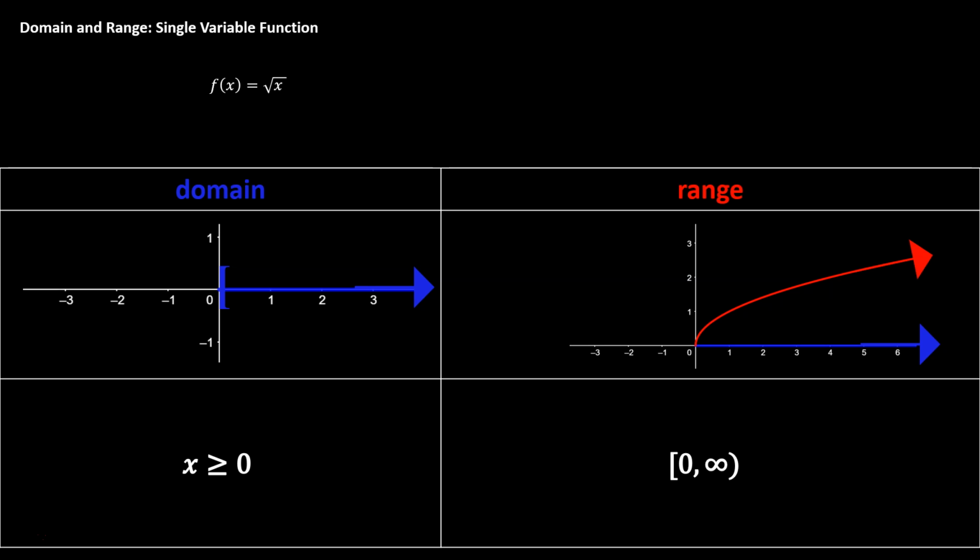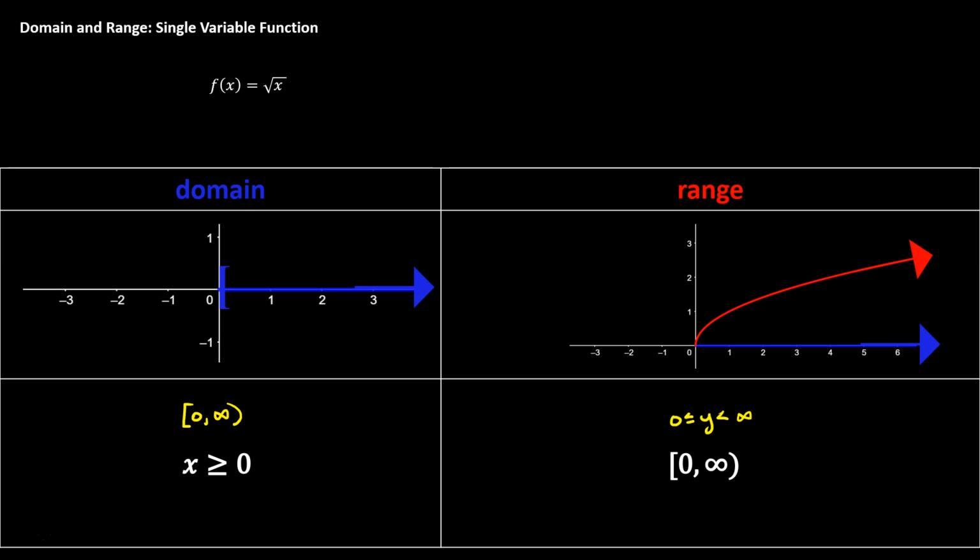Now I could have written the domain as an interval as well, starting at 0, going up to infinity. And I could have written the range as an inequality. y needs to be greater than or equal to 0, less than, we can't say equal to for infinity, so just less than infinity.